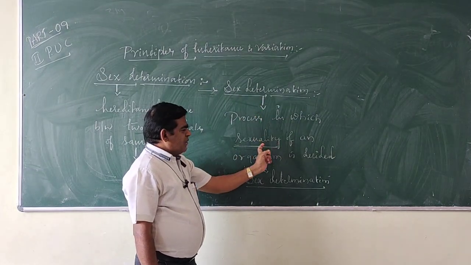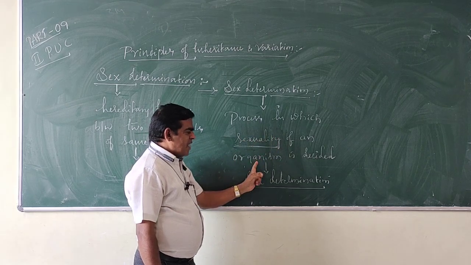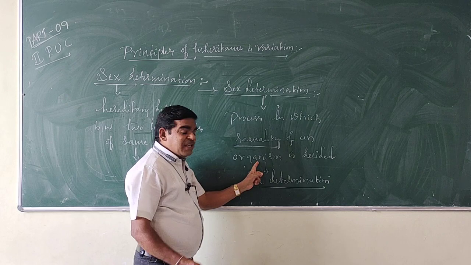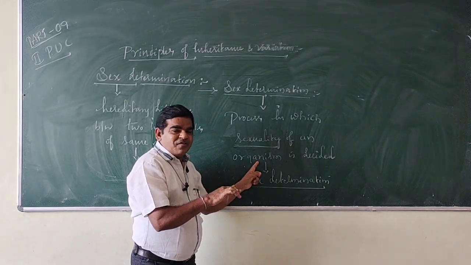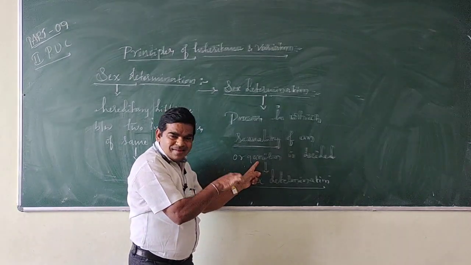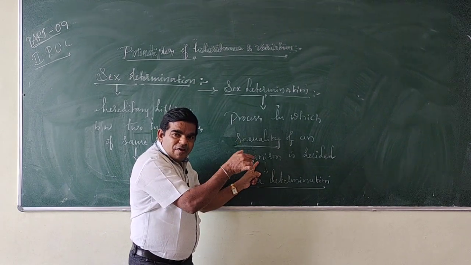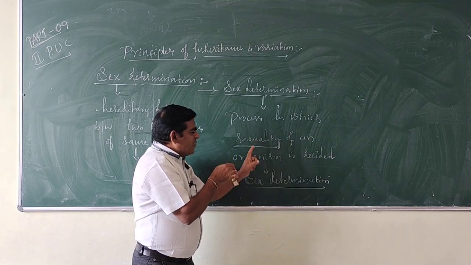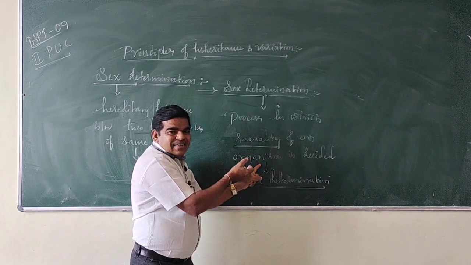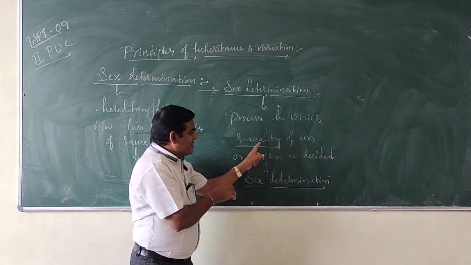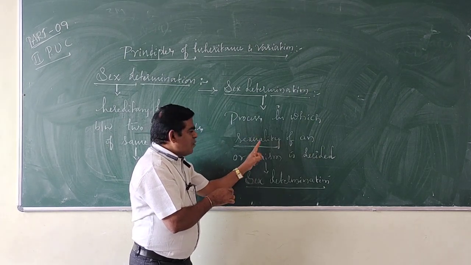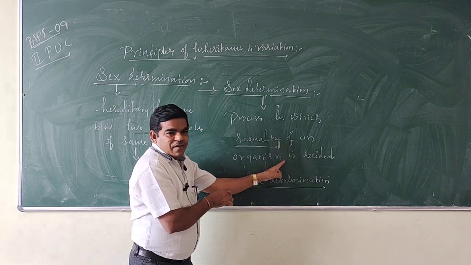So sex determination is the process in which the sexuality of an organism is decided. Sexuality of an organism is whether the organism is male or female. We determine the sexuality or sex of an organism, whether it is male or female.